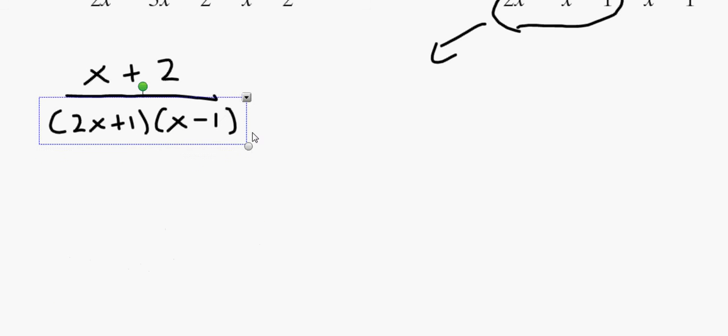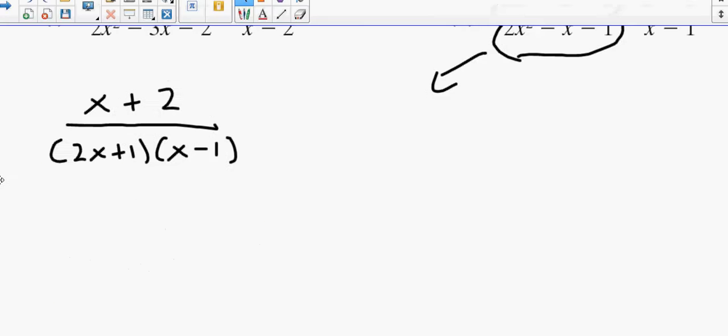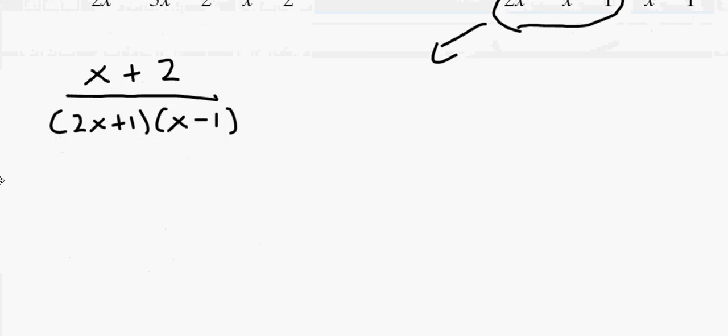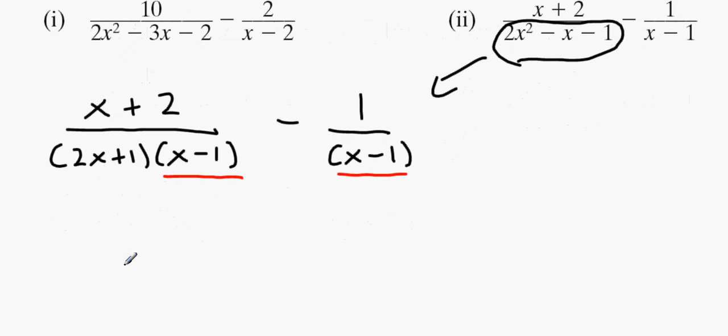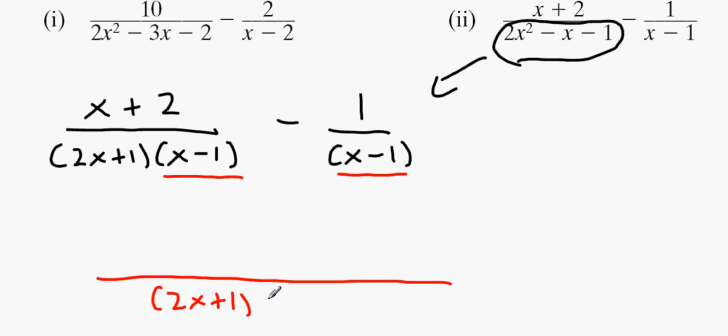It goes underneath here. Now that that's done, all we have to do is write down minus 1 into x minus 1. As expected, they're going to have one in common, and the one they have in common is this one here. So the new lowest common denominator is going to be 2x plus 1 by x minus 1.